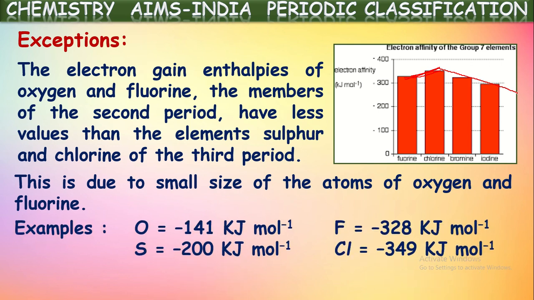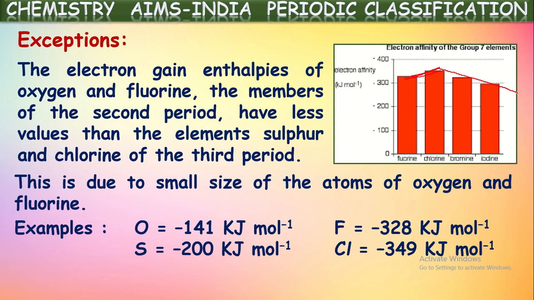Okay, if you see here, oxygen is having less electron affinity than that of sulfur. Fluorine is having less electron affinity than that of chlorine. Here negative symbols represent the evolution of energy, an exothermic process. And if you see the quantities, oxygen has less than that of sulfur, fluorine has less electron affinity than that of chlorine. So in each period, halogen is having the greater electron affinity, we told.